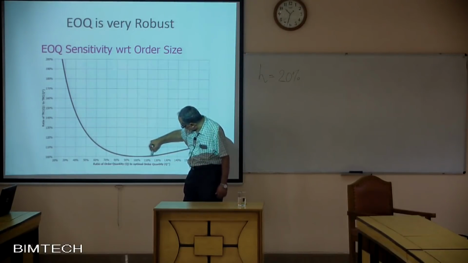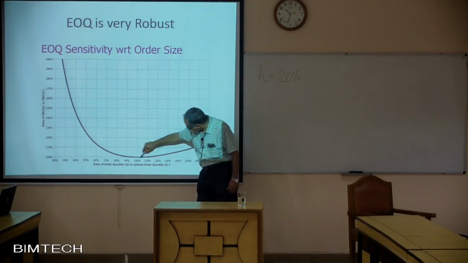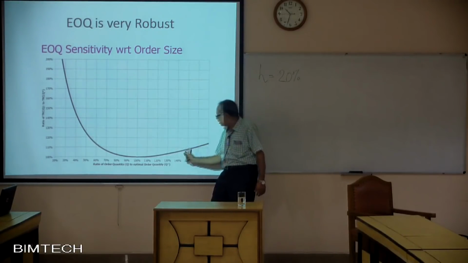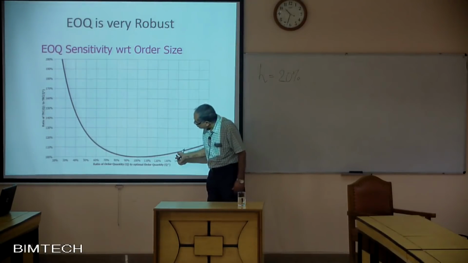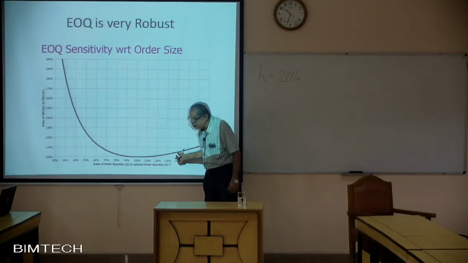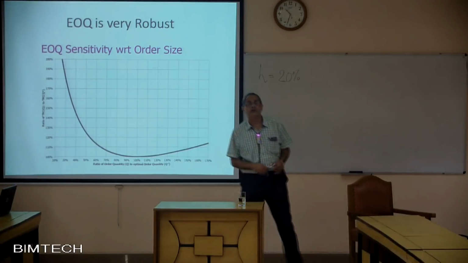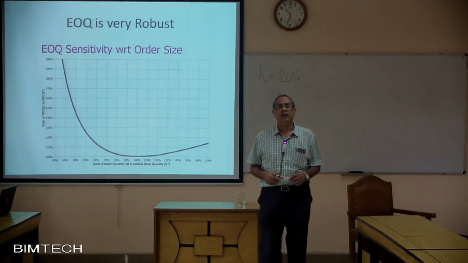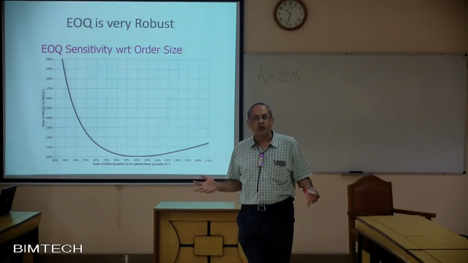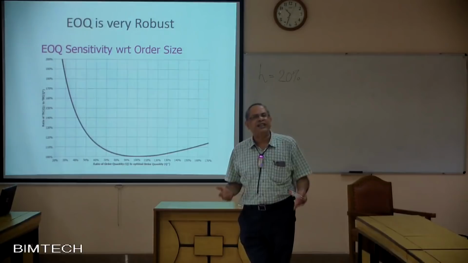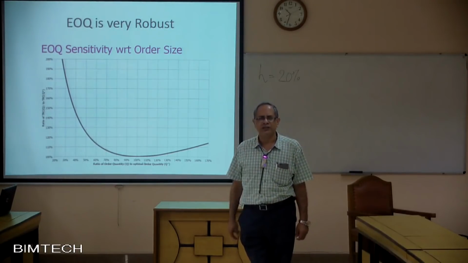Look at when you move away on this side by 20%, or on this side by 40%, the difference in the cost is not even about 5%. So you're moving away 40% from the theoretical Q star, and yet your total cost is still quite the minimum. It has moved away from the minimum by just 5%.